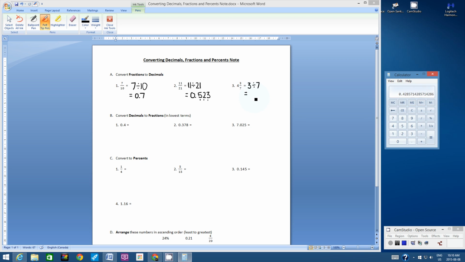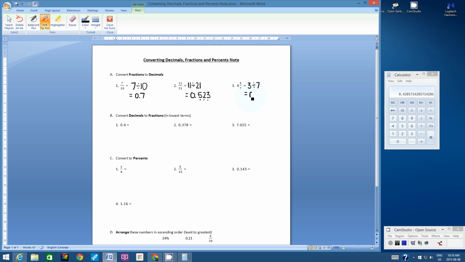So let's use the rule, 3 decimal places. We have 0 in the ones column as a placeholder, 428. Now before you think we're done, there's still one more step. Remember how at the beginning we said we're going to ignore the whole number? Now we're going to bring the whole number to fill the ones column.